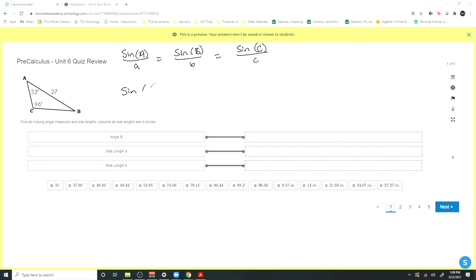Let's rewrite it right here. Now I can use this with either the A parts or the B parts, depending on what other information I have available. Since I know what angle A is, I'm going to set the sine of angle C over little c equal to the sine of A over little a.